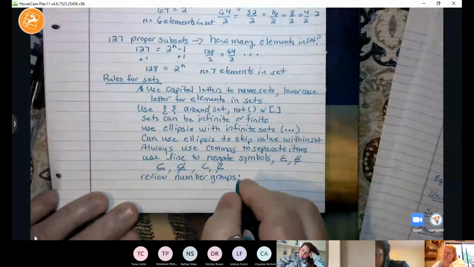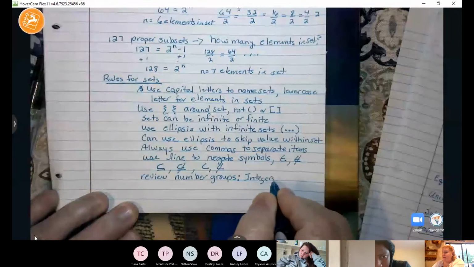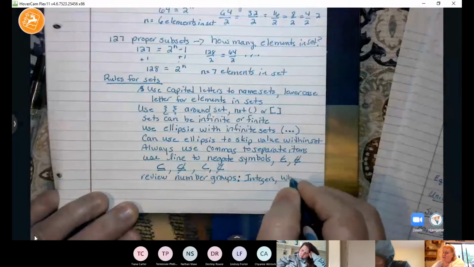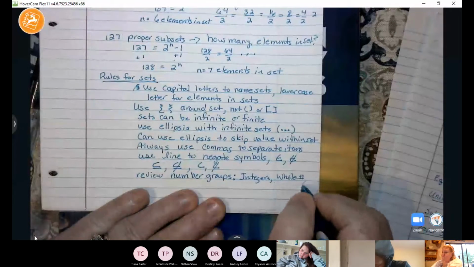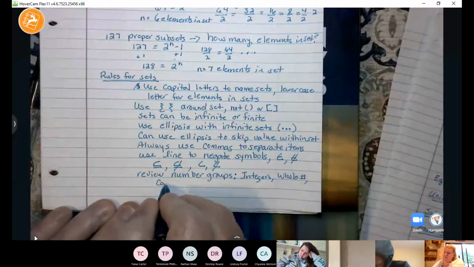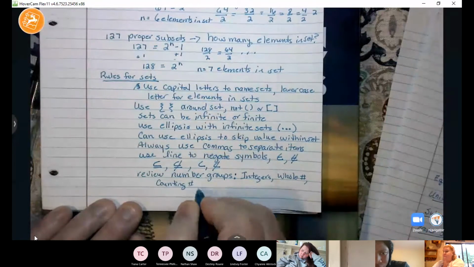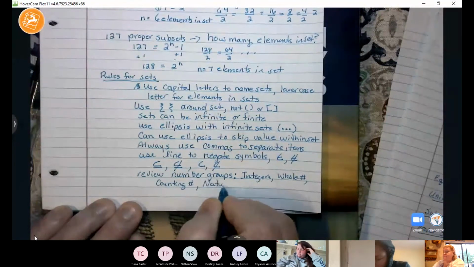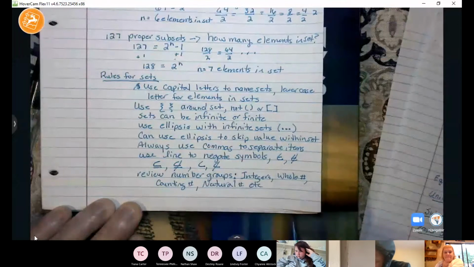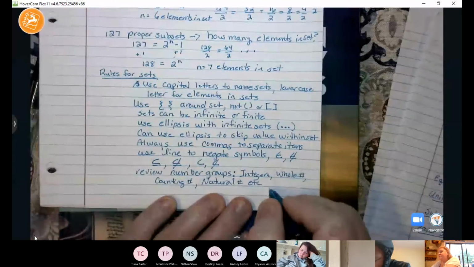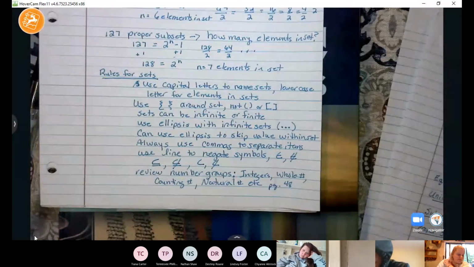Review your number groups like integers, whole numbers, counting numbers, natural numbers, etc. If you have your textbook, they are on page 48 in your textbook.